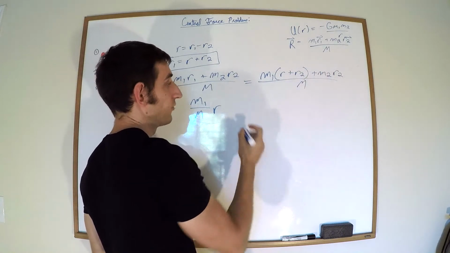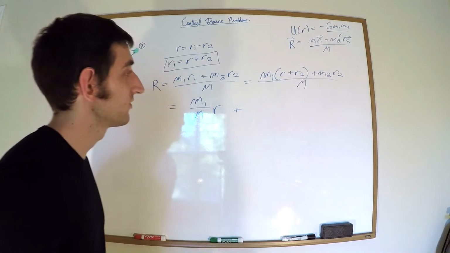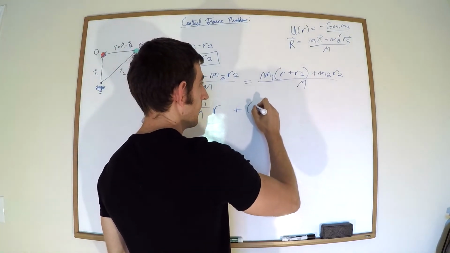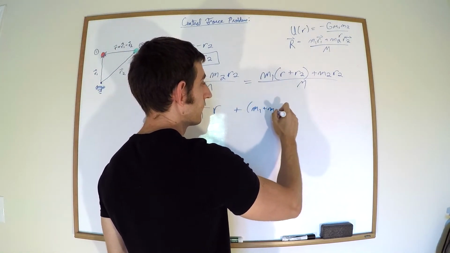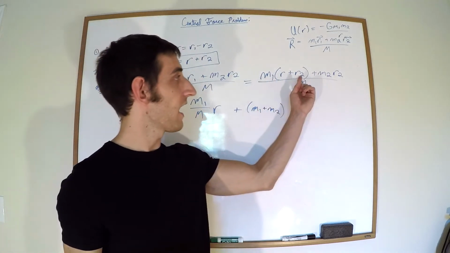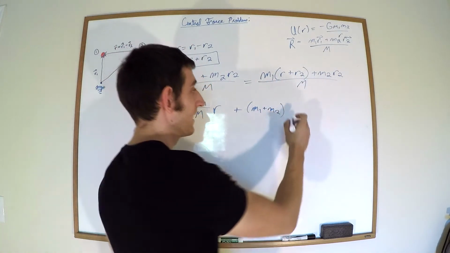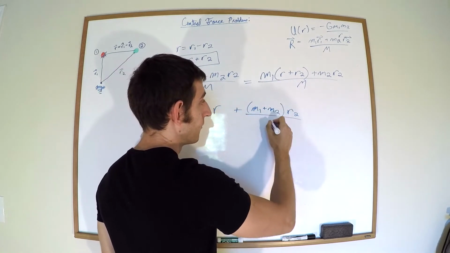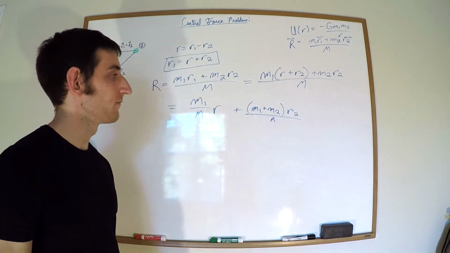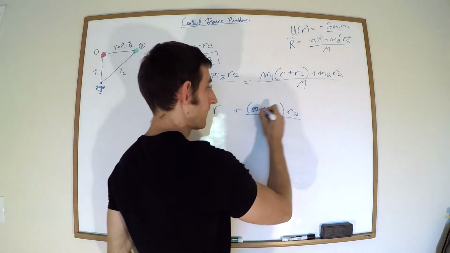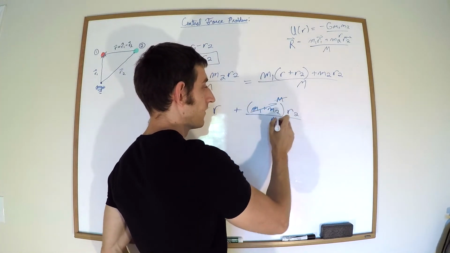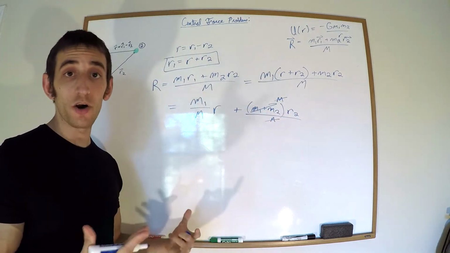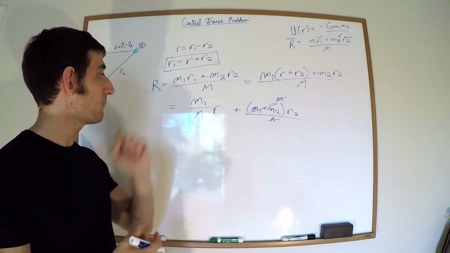Now let's group the R2s. Plus M1 plus M2. Basically, this guy plus that guy times R2. That's all over big M, right? Well, guess what? This guy is big M, and that cancels off that guy. So we have big R isolated, and we can define R2 in terms of little r and big R very easily.